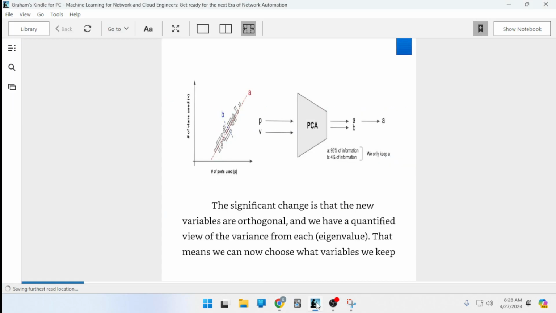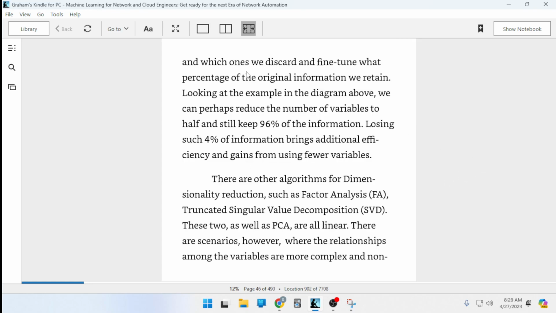All right. So the significant change is that the new variables are orthogonal, and we have a quantified view of the variance from each eigenvalue. That means we can now choose what variables we keep and which ones we discard, and fine-tune what percentage of the original information we retain.